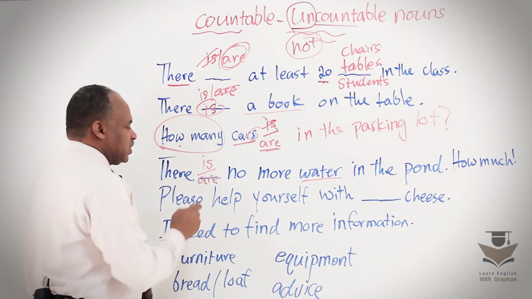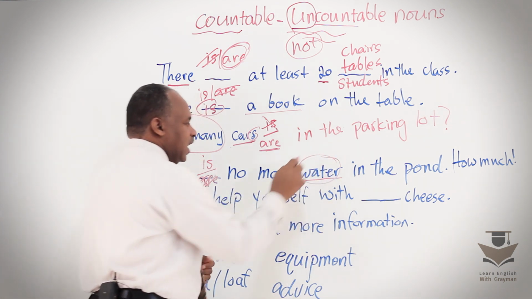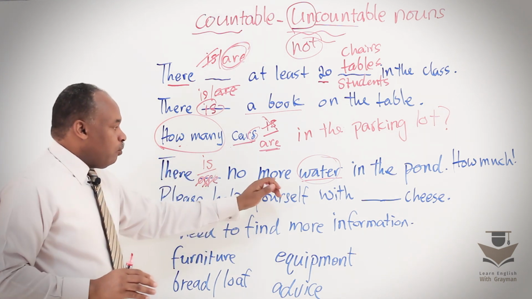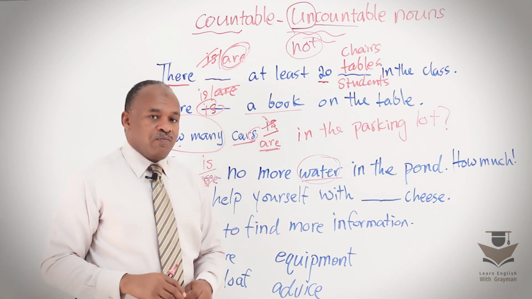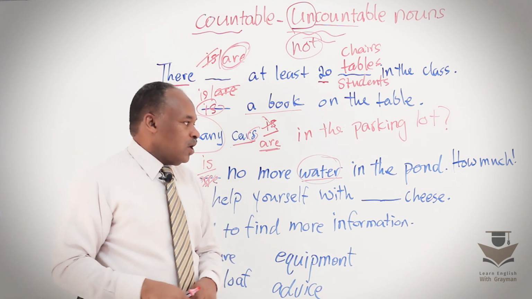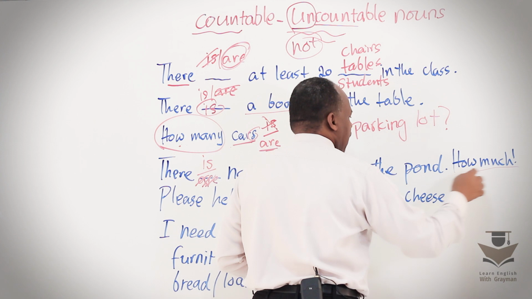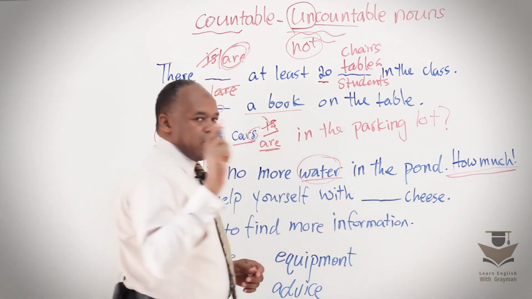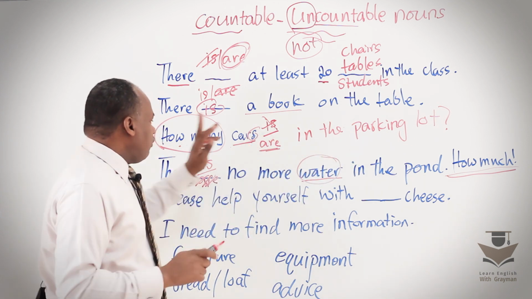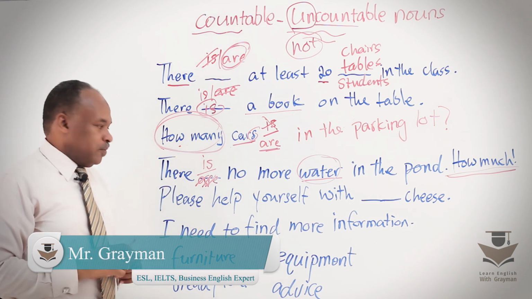We don't need to use are because water is an uncountable noun. So we say there is no more water in the pond. The pond is where you can see water after the rain. There are a lot of ponds on the street. So for water, we use how much. For uncountable nouns, we always use how much. For countable nouns, we always use how many.